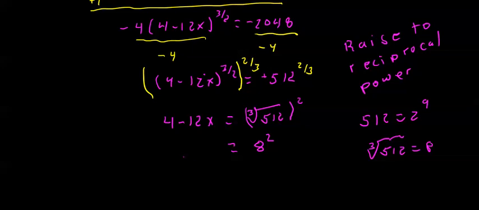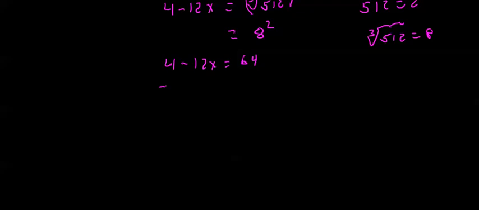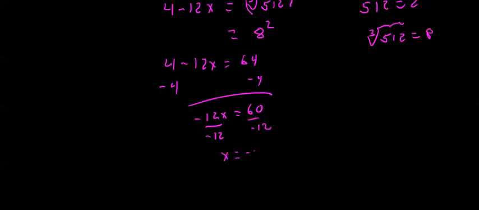So we have 4 minus 12x equals 64, and we solve this equation. Minus 4, minus 4, negative 12x equals 60. We divide by negative 12, and x equals negative 5.